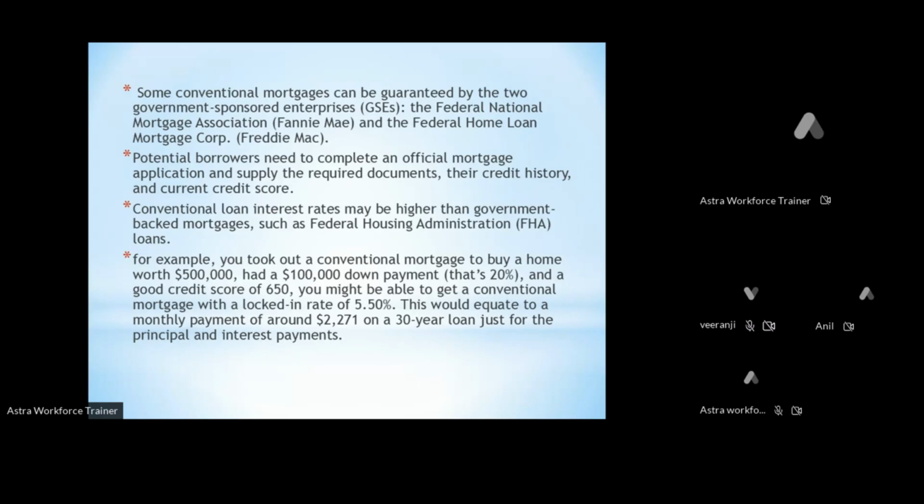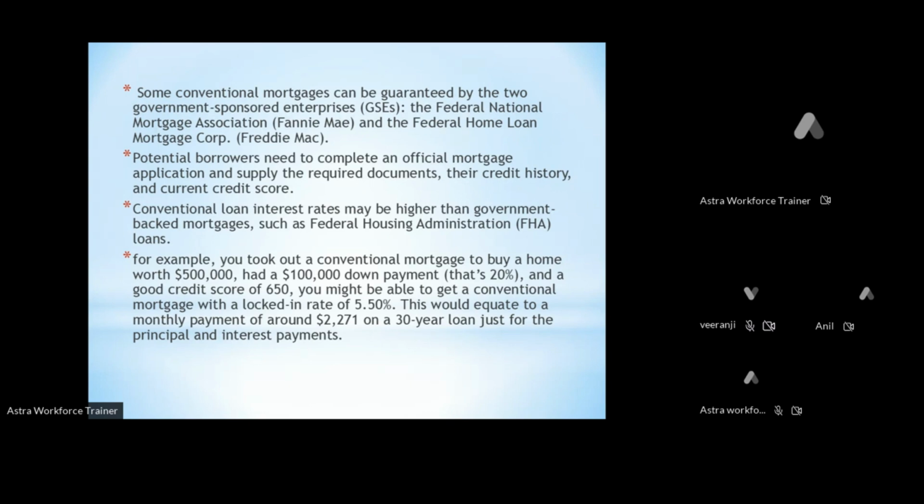Let's say if the loan amount is $100,000, 20% they have to pay as a down payment. That is $20,000, and $80,000 will only be approved by the lender. So the loan amount is higher, the interest rate is higher, and the down payment is also higher for conventional people.